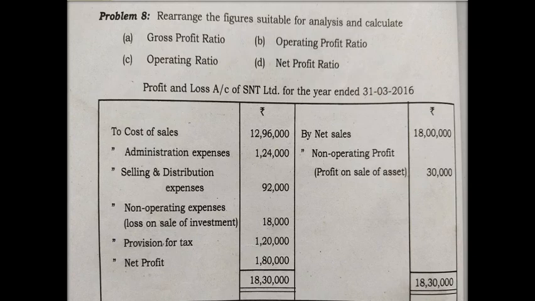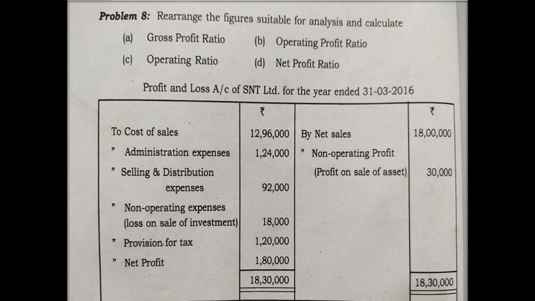For finding out all these 4 ratios, the details given in the question are not adequate. Not adequate in the sense that it doesn't mean they didn't give any information. They have given some information, but the majority of the information is hidden in this statement. You need to extract those data.